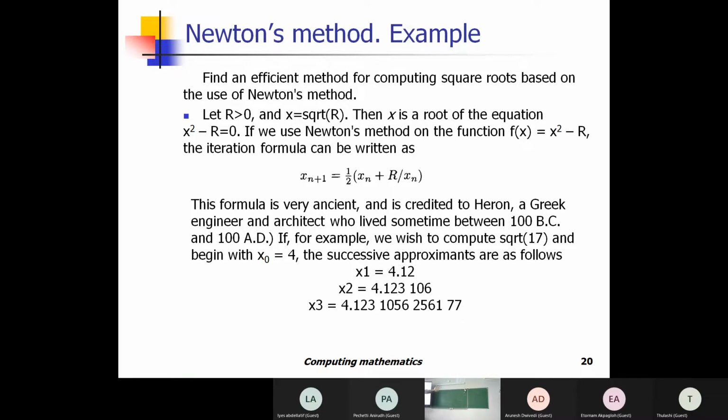Then we can substitute x0 here: 1 over 2, 2 plus 3 over 2. Compute it, please, and find x1 using x0 as 2. What is x1? Apply this formula.